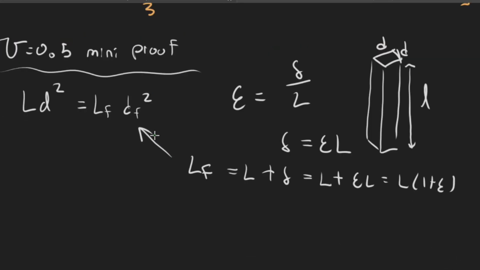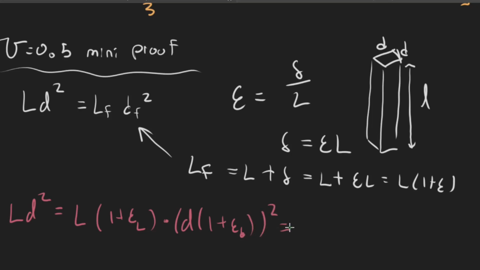Sending that into this equation, we can say that L D squared equals L times (1 plus epsilon in the longitudinal direction) times D times (1 plus epsilon in the D direction) squared, which is equal to L times (1 plus epsilon L) D squared times (1 plus 2 epsilon D plus epsilon D squared).